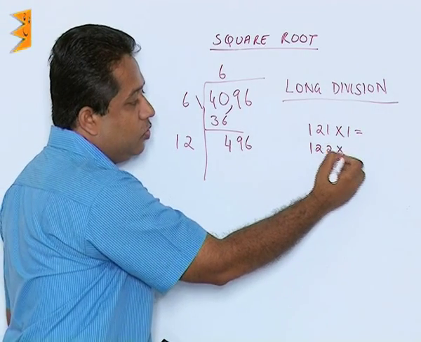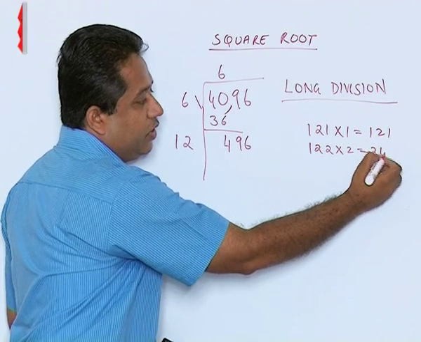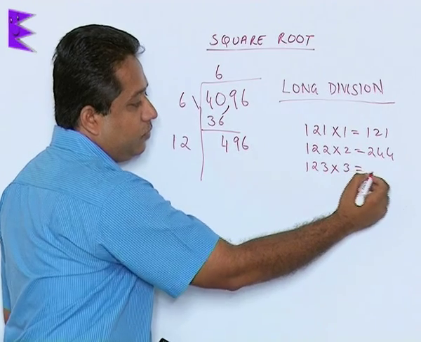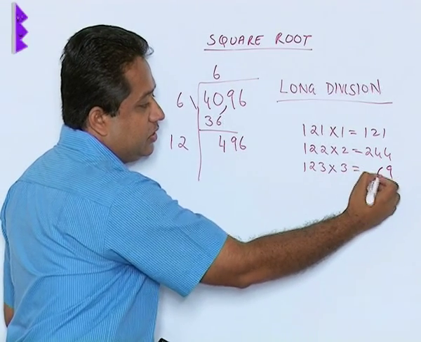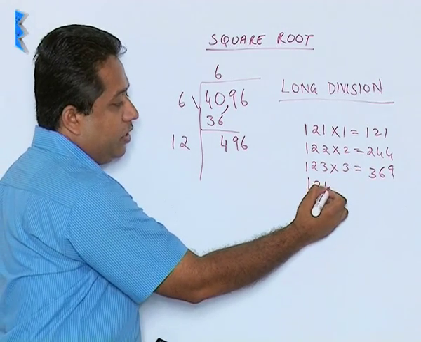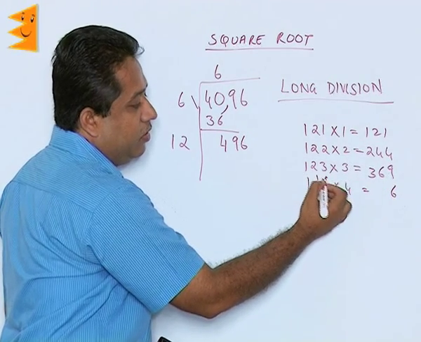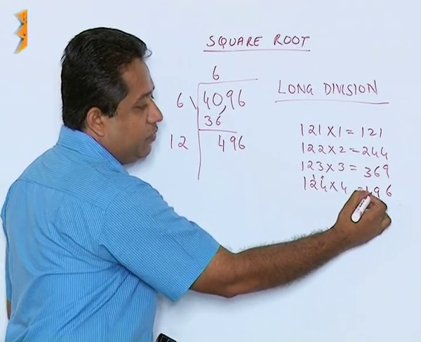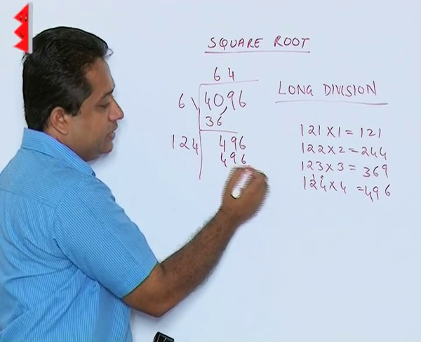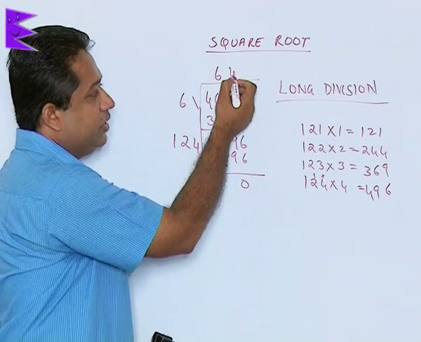Then 122 into 2, still not, because this is 121, this is 244. 123 into 3, 3 3s are 9, 3 2s are 6, 369. 124 into 4: 4 4s are 16, 6, 1 carry, 4 2s are 8, 9, 4 1s are 4, 496. So we find that 124 into 4 is 496, the remainder is 0. So we can say the root of 4096 is 64.